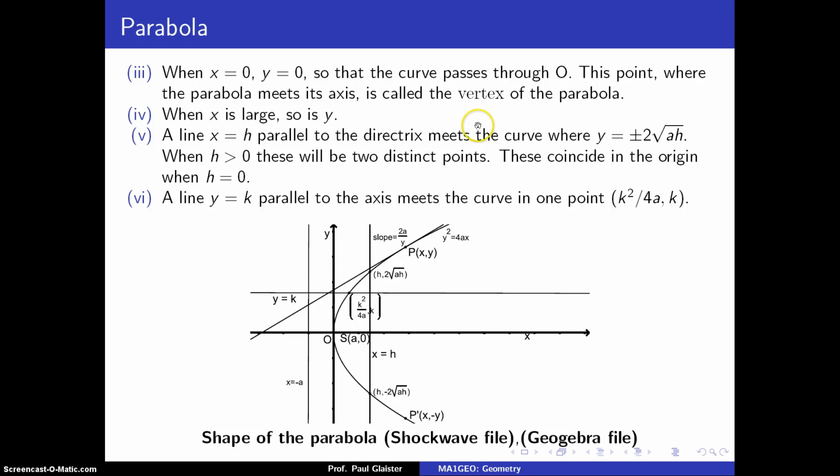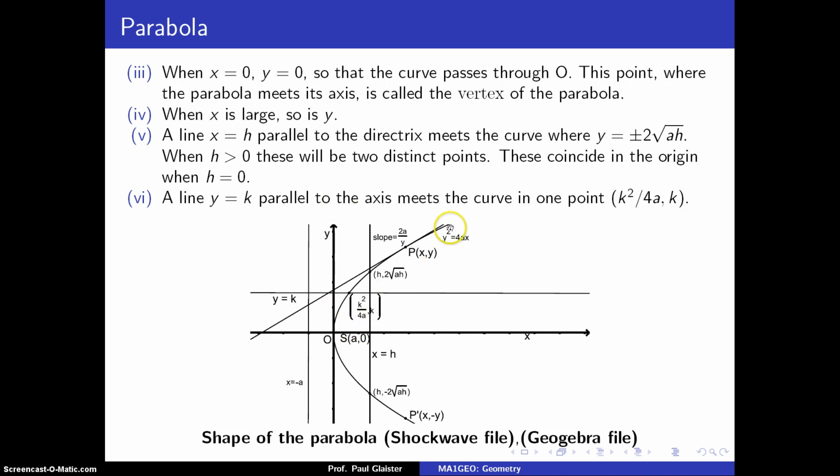So as you see, there's a summary at the top here that tells us all of that information, and in particular we notice that because y squared is equal to 4ax, as x gets larger, y gets larger, so this parabola does not approach an asymptote. So it doesn't approach a fixed horizontal, vertical or other line as x gets bigger and y gets bigger.